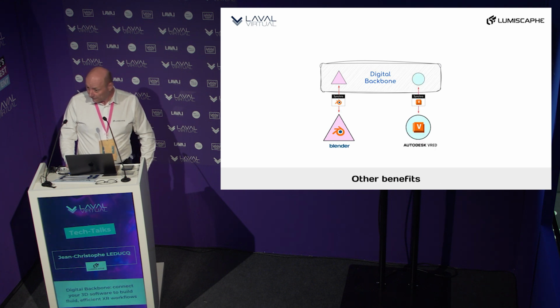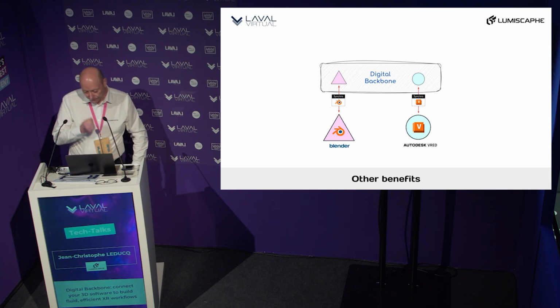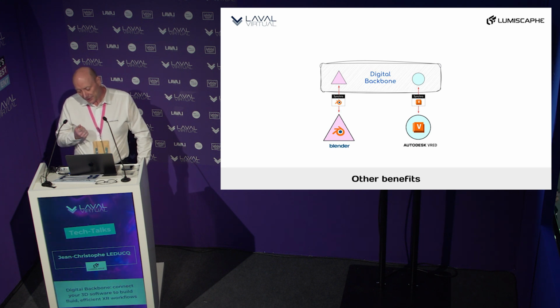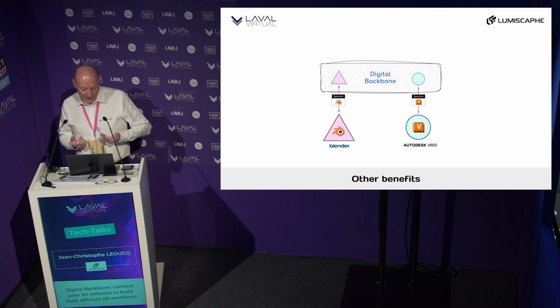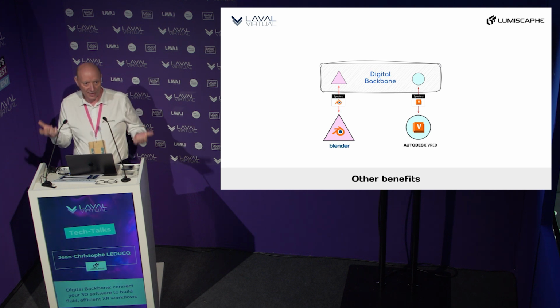And we can do the same for another software, for example VRED. We copy the VRED core data in the digital backbone without any bias also. It may be a full copy, if it's possible, or a subset of the global data set of the application. And once we have done that, what is interesting is that in the digital backbone, the Blender core data and the VRED core data are of the same type, of the same class. I can manipulate these two different kinds of data with the same tools.